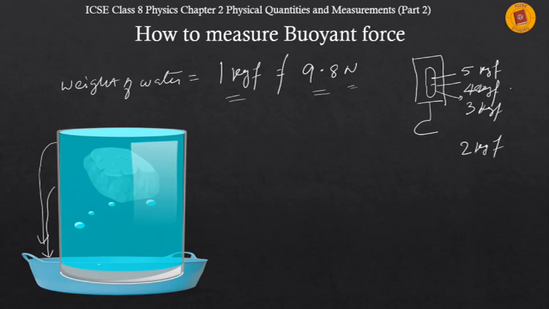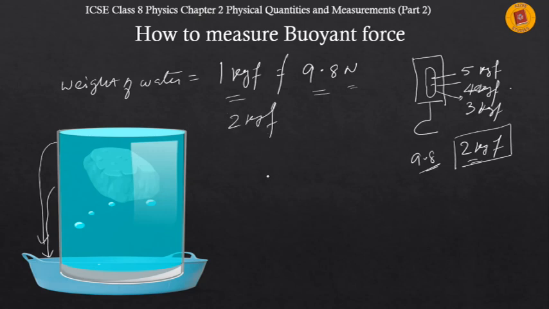Let's keep it in kg force only for simplicity. To convert from kg force to Newton, we just multiply by 9.8. You must all know this. Now, if the reduction in weight is 2 kg force, then if we measure the weight of the water, we will see that the weight of the water is 2 kg force.